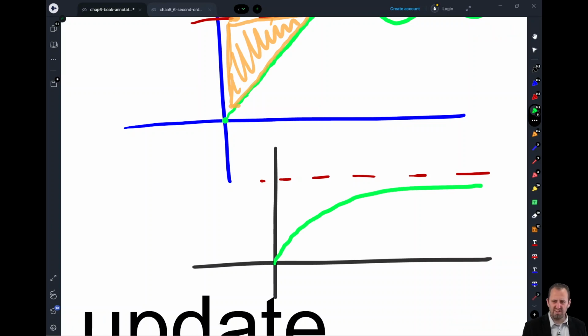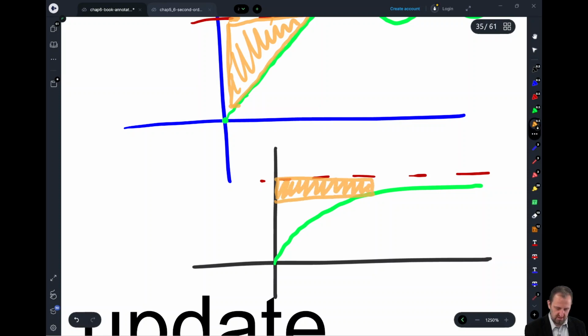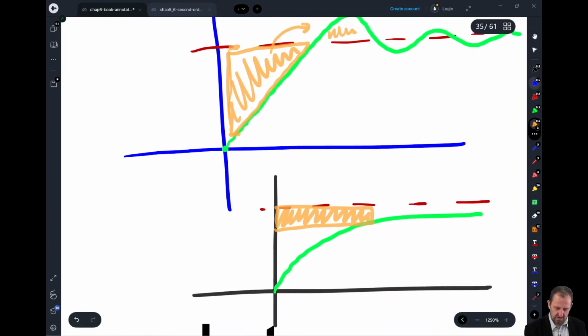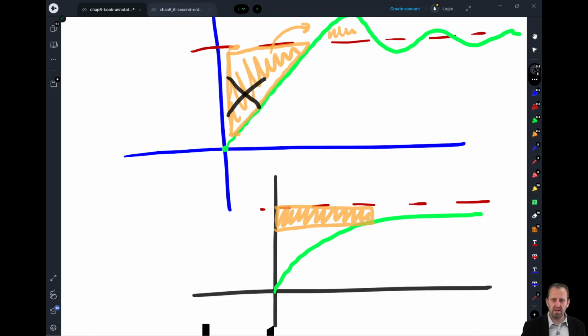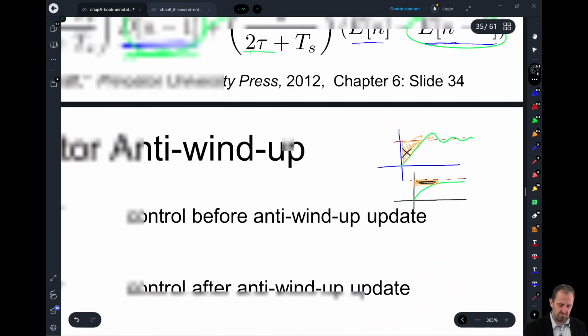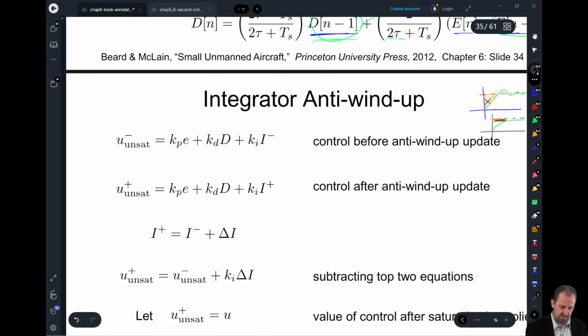So we really only care about the integral contribution here. We want to try to get rid of that component, or at least part of it. We don't want our integrator to wind up so much. We want it to be down here, using this component to get rid of steady state error, but not building up the integral as we're shooting towards the desired value. So that's just some motivation there.